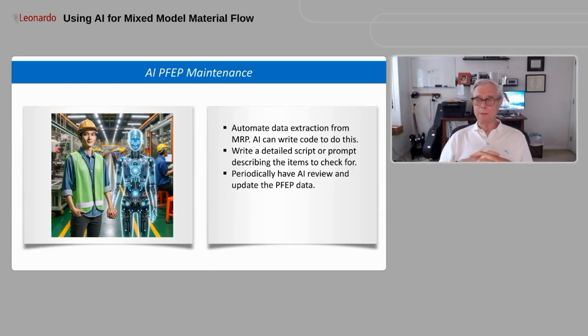That can all be automated with a script, with instructions to ChatGPT or Claude. So write a detailed script or prompt describing what you want to check for, and then with a single click, basically, AI will go through and really keep your PFEP up to date, right, current.